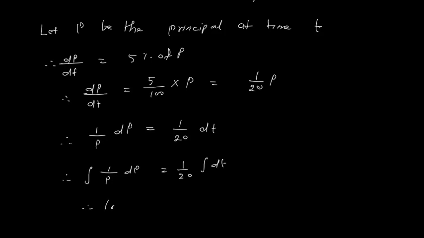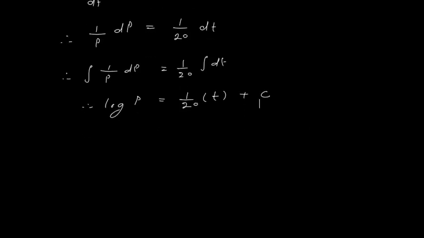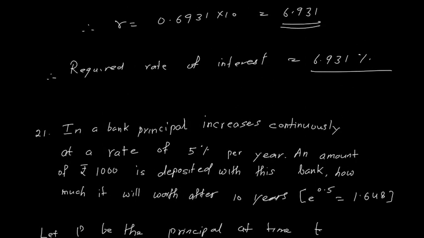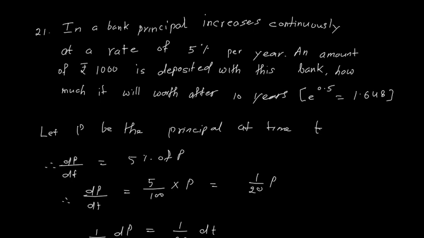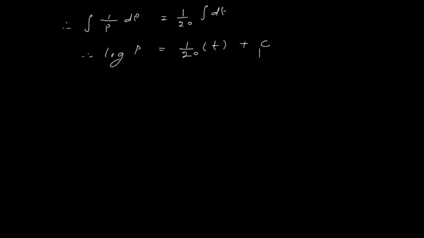Therefore I will get log P is equal to 1 upon 20 t plus C. Okay, so when t is 0, my amount is 1000 rupees. So it is given that when t is 0, P is 1000.